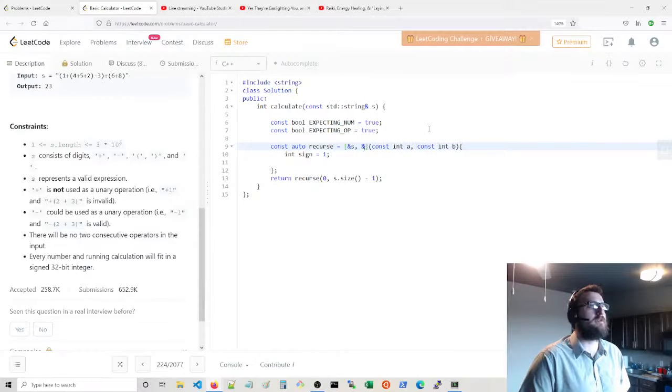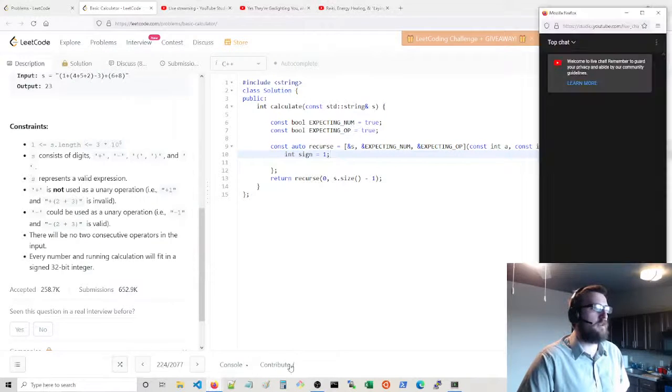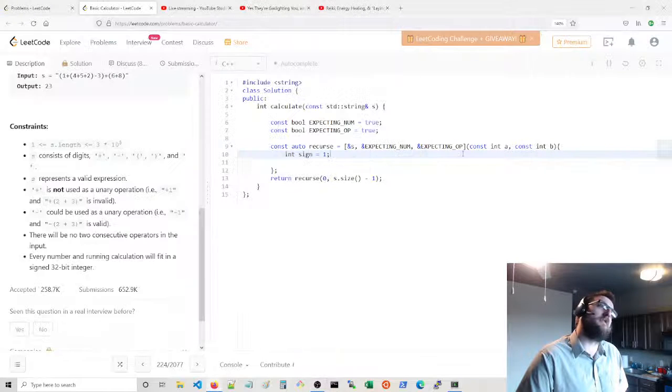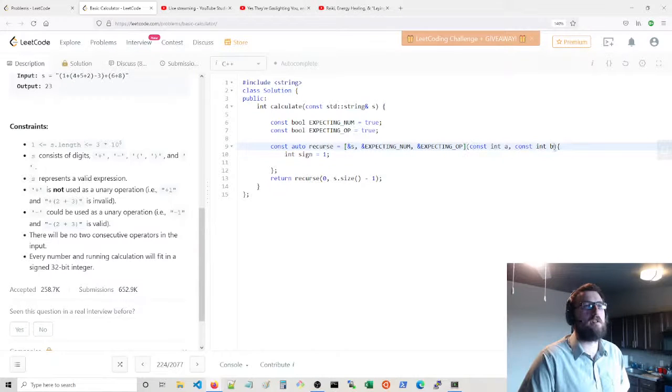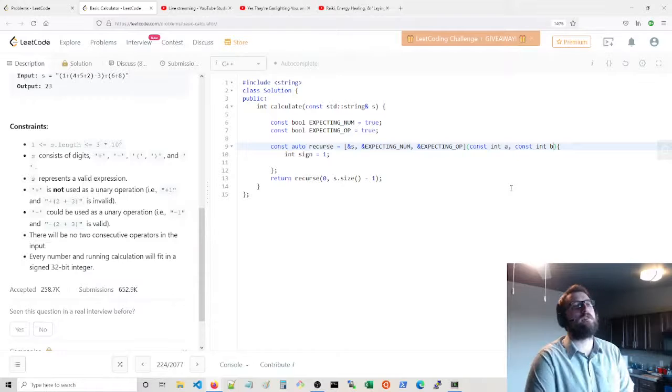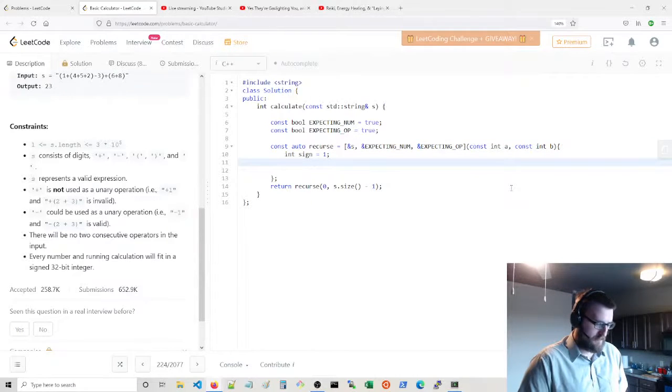Actually, both of those need to be okay. Expecting operator, expecting number, and what else do we have? There's a sort of state that we would be in. I think the initial state is always expecting number.